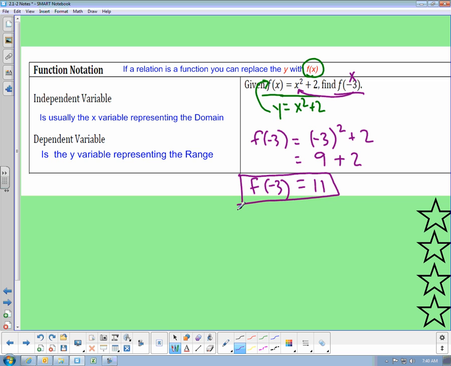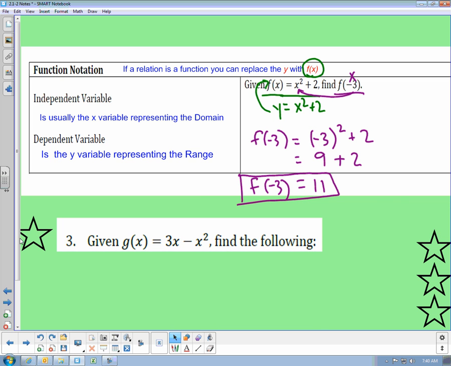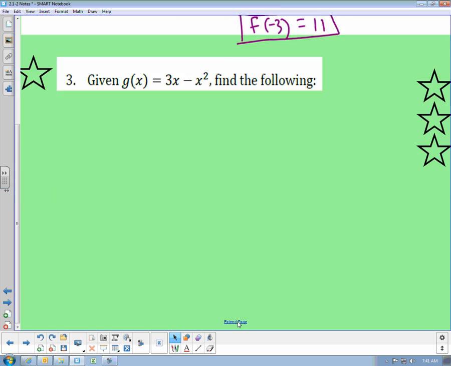Let's take a look at a couple examples on the back side of your notes page. In number 3, it says, given the following function, g of x is equal to 3x minus x squared, find the following. So part A, I want to find g of 2.